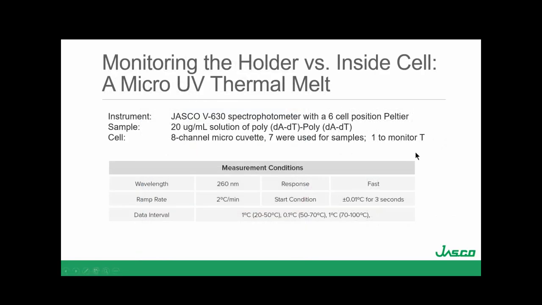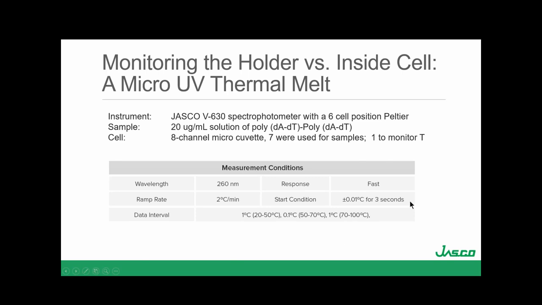So let's look at some proof data on this. Here's a UV thermal melt example using a model similar to our current V730. A 6-cell position Peltier allowed us to do these replicates. It's a very simple 20 mg per mL solution of poly DADT, in the 8-channel micro cuvette that has 10 microliter wells, where 7 were used for samples and 1 was sacrificed to monitor temperature.